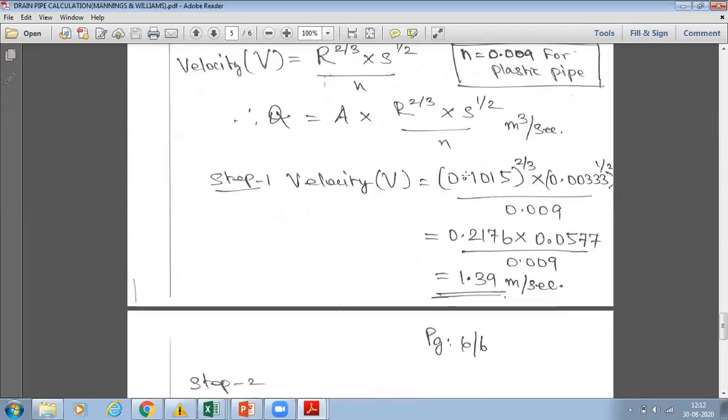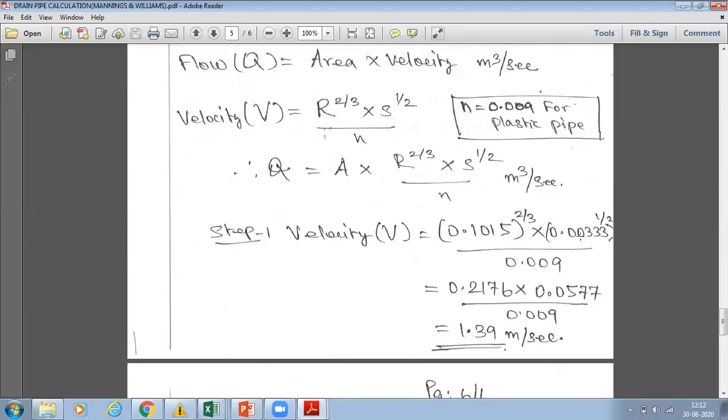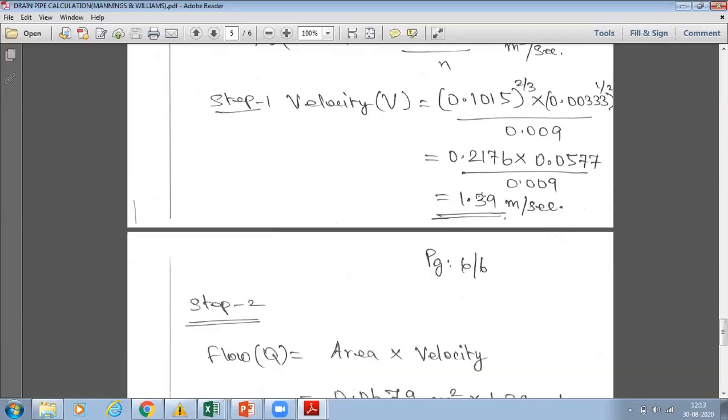Velocity V equals R, 0.1101 power 2/3, into slope S equals 1 is to 300, which I have already considered, so 0.0033 to the power of 1/2, divided by N value 0.009. If you solve this, you will get a velocity of 1.039 meter per second.